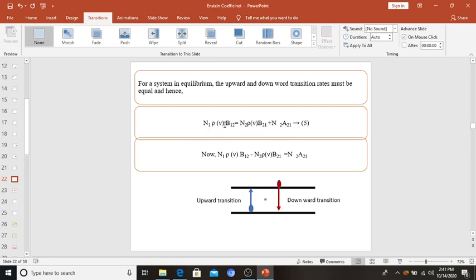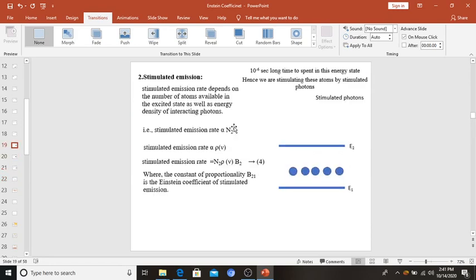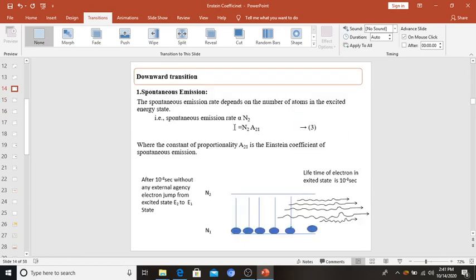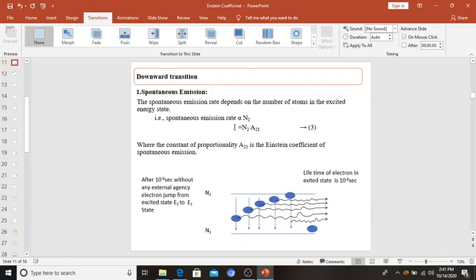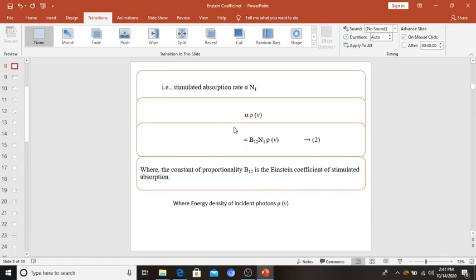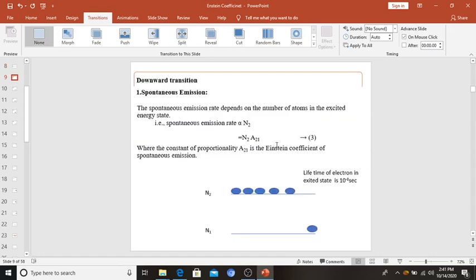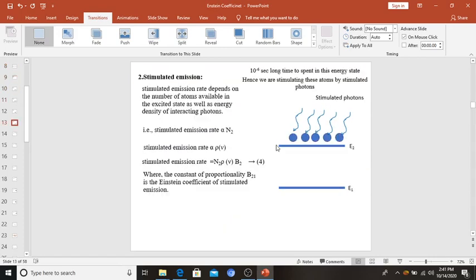N1 rho of nu B12 is the upward transition, which is also known as absorption. You can see it in the previous slides. So this is absorption, stimulated absorption rate B12 N1 rho of nu. This is equation number 2. That is absorption.